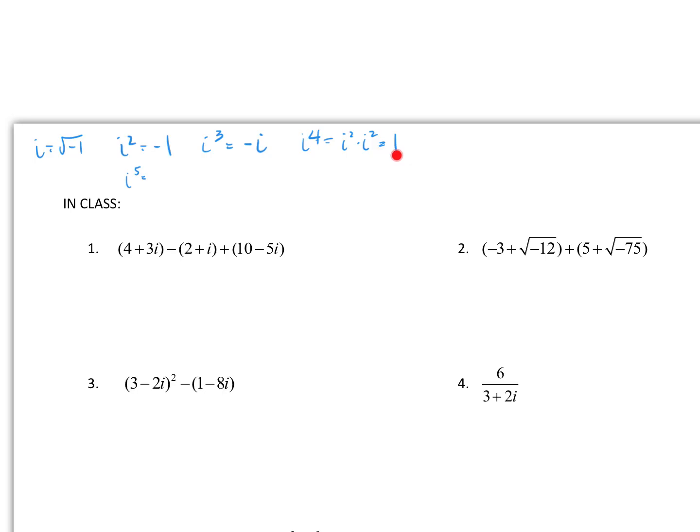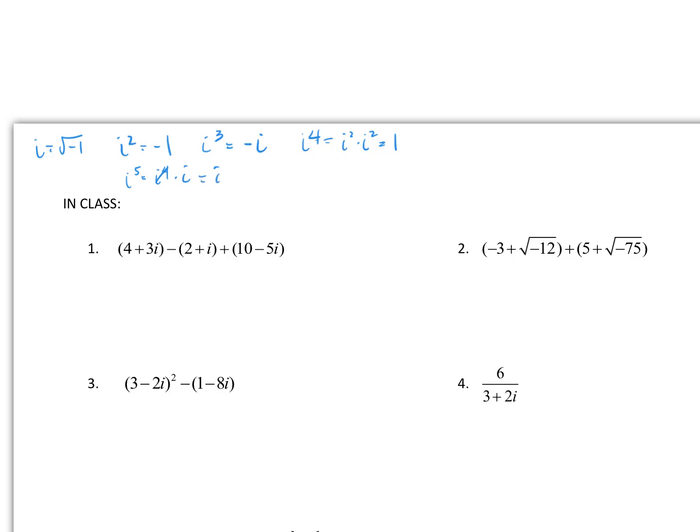It's this one times this. i to the fourth, because you can break it down like this. You can say it's i to the fourth times an i, right? And what do we say i to the fourth is? It's just 1. So it's 1 times i, which just gives me i.